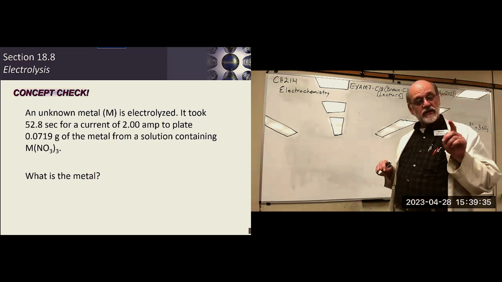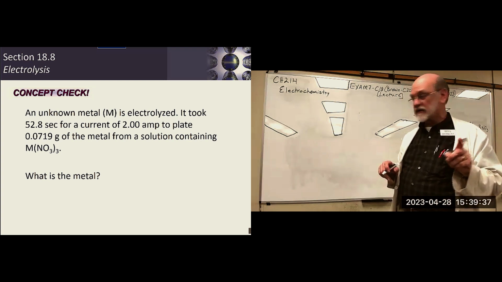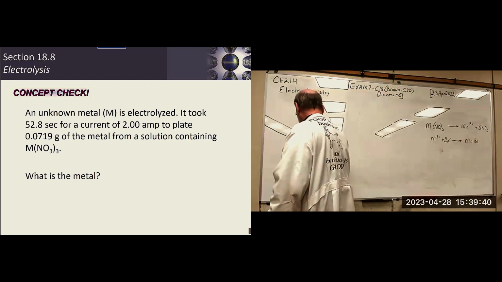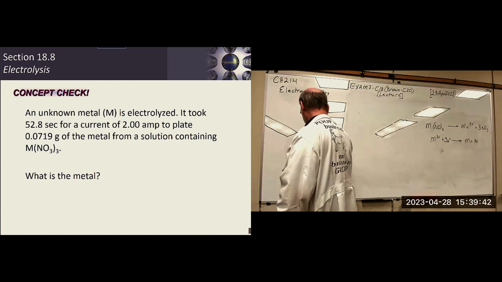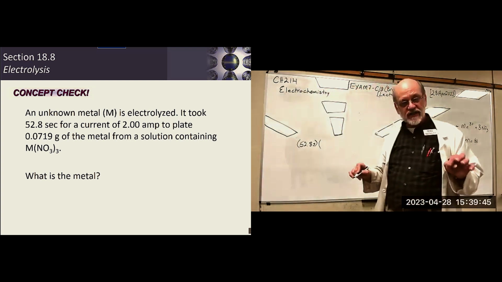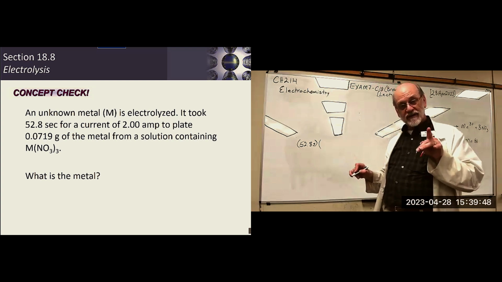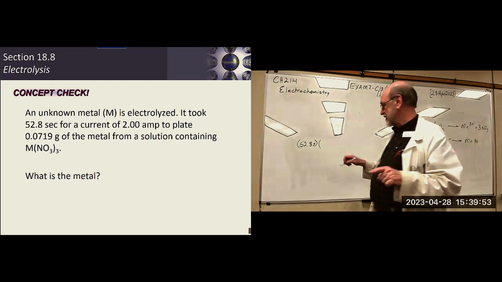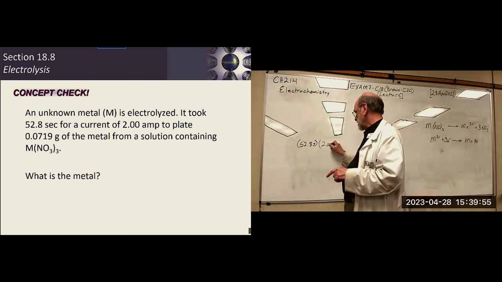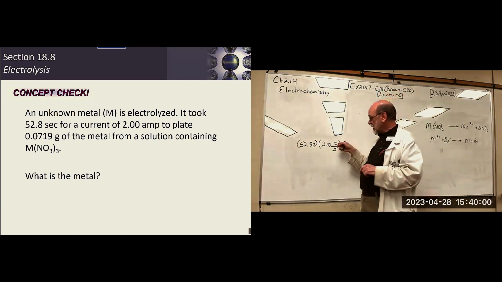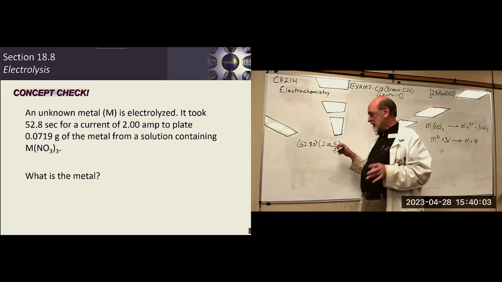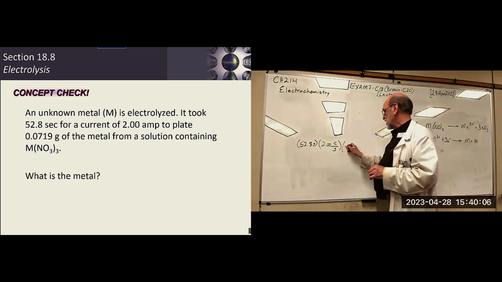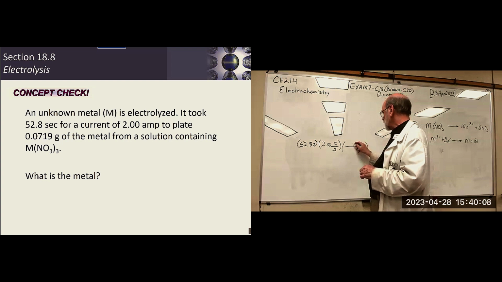We also know that it took 52.8 seconds to occur. So how much charge is delivered? Well, 1 amp is 1 coulomb per second. So we have 2 amps, 2 coulombs per second. Now we know how many coulombs are required, but we need to know how many moles of electrons. So we have to convert coulombs to moles of electrons.